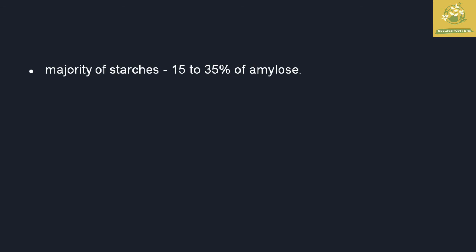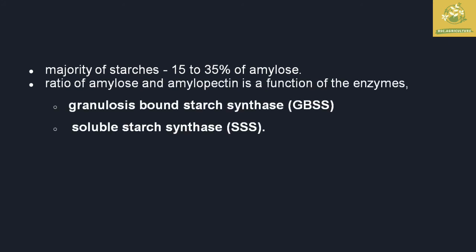Most starch contains about 15 to 35% amylose, where the ratio of amylose and amylopectin is a function of the enzymes present in the plant, granule-bound starch synthase, GBSS, as well as soluble starch synthase, SSS.